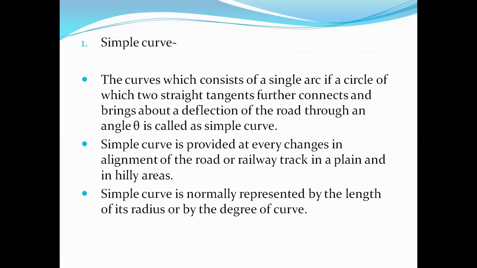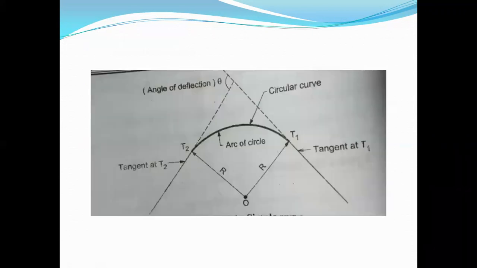The simple curve has one circular arc, and the tangents of this simple curve make an angle theta, the angle of deflection. The curve which consists of a single arc of a circle, which connects two straight tangents and brings about a deflection of the road through an angle theta, is called a simple curve.